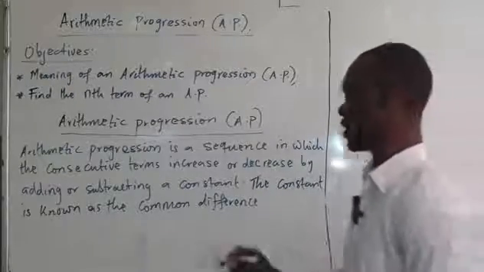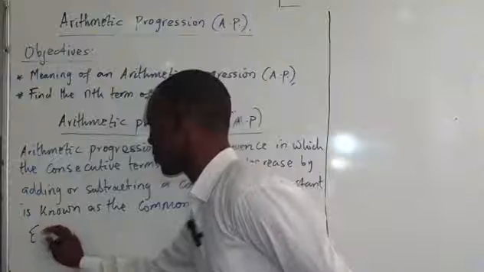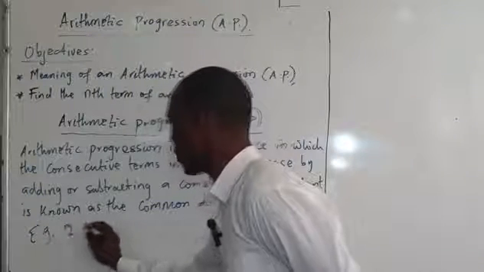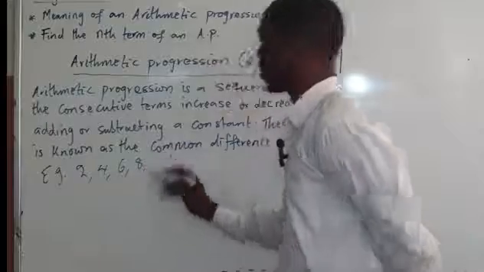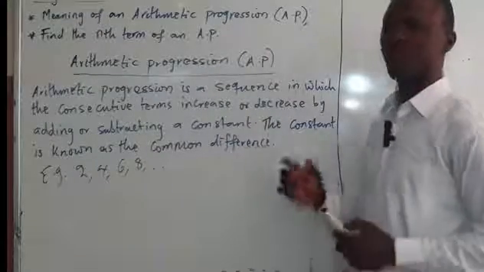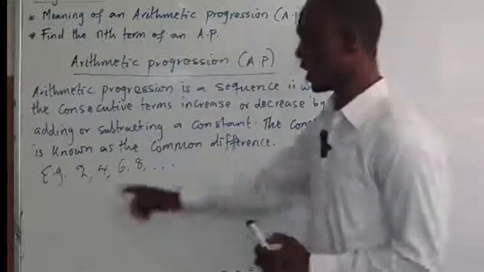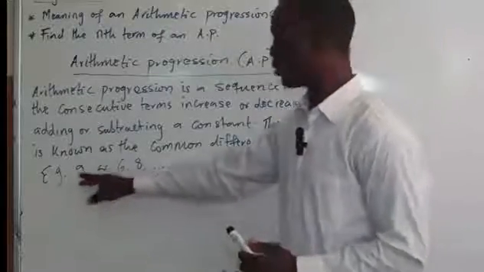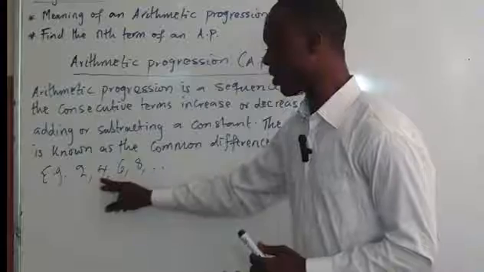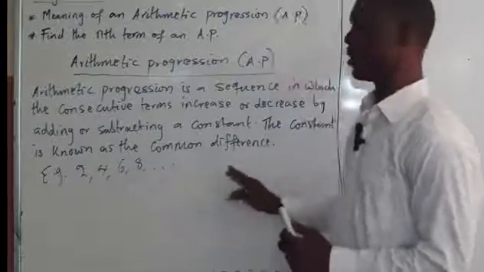So let's take for instance, e.g., if we have 2, 4, 6, 8, and so on like this. This is arithmetic progression, because if you look at the first number here, we call it the first term. So 2 is the first term, then second term, third term, fourth term, and so on.